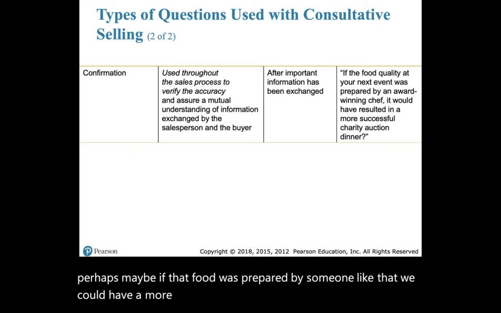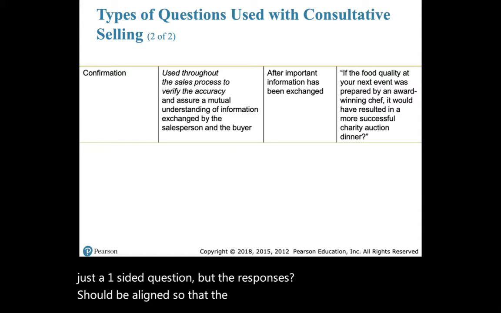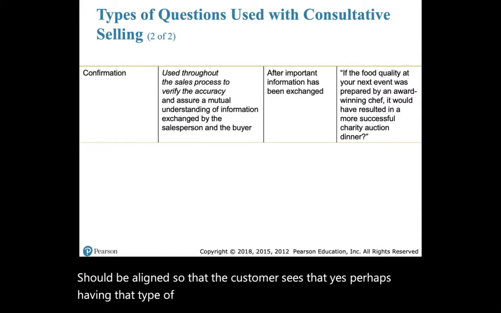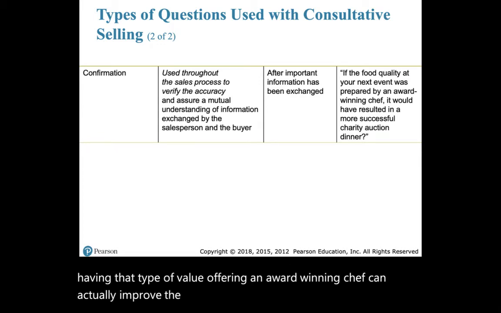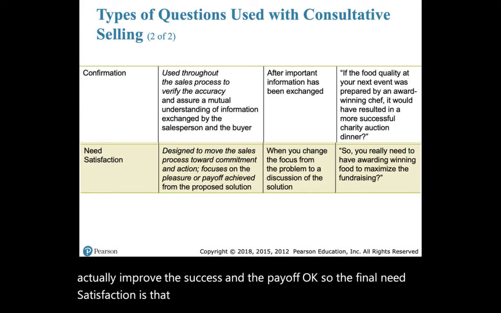Remember, this is just a one-sided question, but the responses should be aligned so that the customer sees that yes, perhaps offering an award-winning chef can actually improve the success and the payoff.